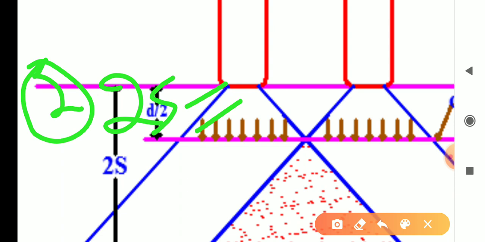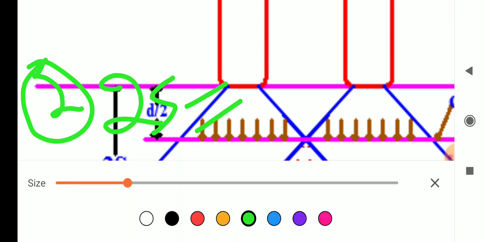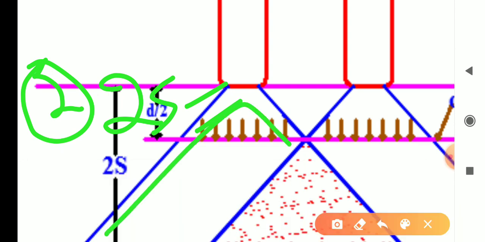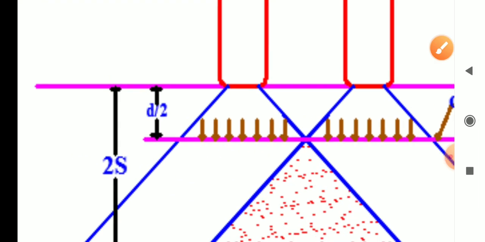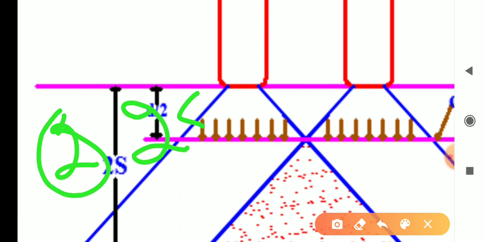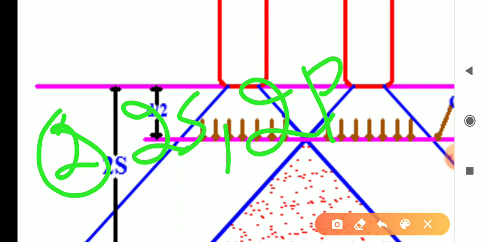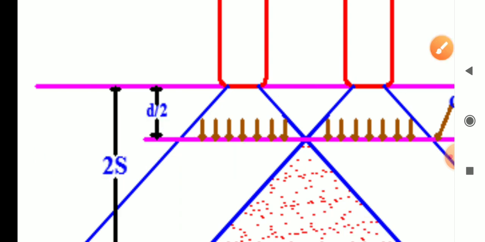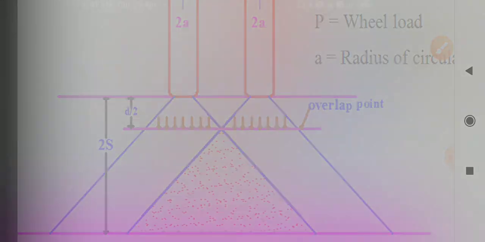So two stresses will be overlapping. That's why the second point is 2S comma 2P. 2S means it is the total depth of the pavement, that is Z.